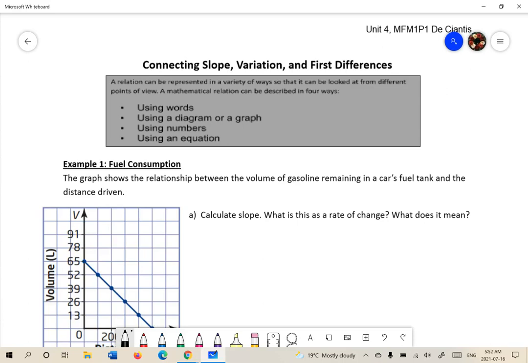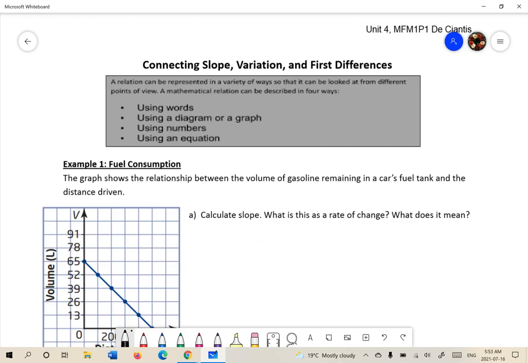This lesson is connecting all that we've learned about slope, variation, and first differences. There are many ways that we've learned how to represent linear relations, how to read linear relations, and how to display linear relations.